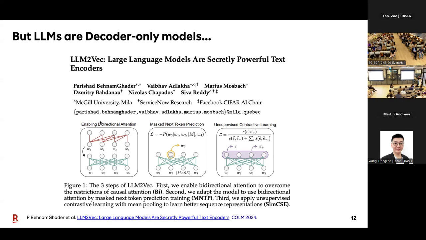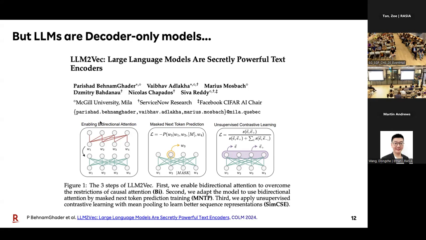And then secondly, they adapt this model to use bidirectional attention in the masked next token prediction task. So this is a similar task to what BERT did, right? If you remember BERT, when BERT does encoding, their training objective includes this masked token prediction, okay? So in particular, LLM2Vec applies this bidirectional attention model to this task.